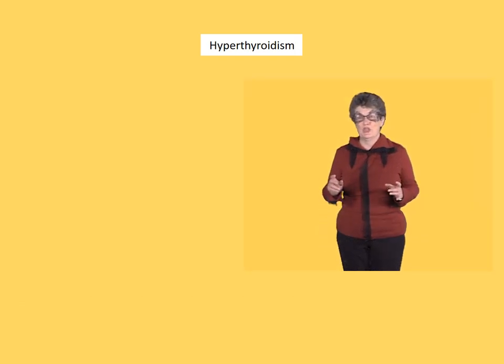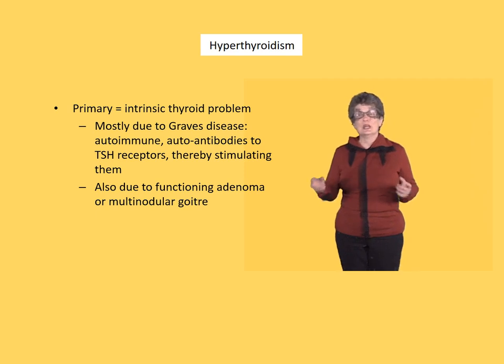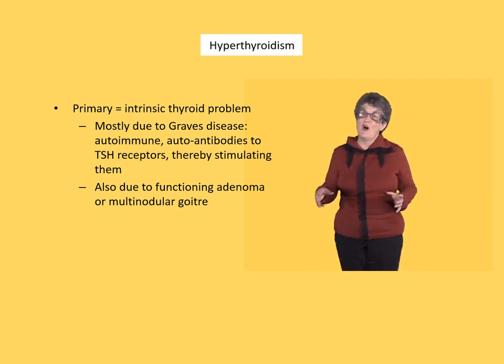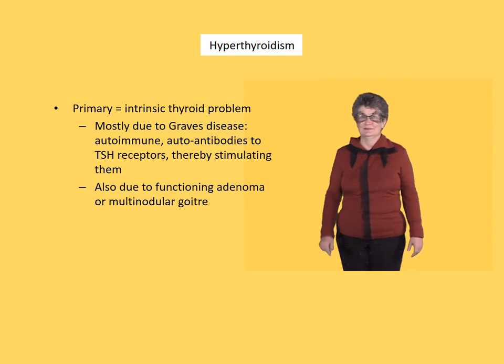Most hyperthyroidism is due to an intrinsic thyroid problem. We call it primary hyperthyroidism. And most of those are due to Graves' disease. Now, you might have heard of Graves' disease before because people often use it as an example when thinking about basic autoimmune pathology.